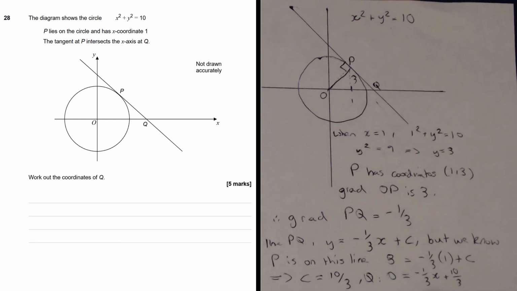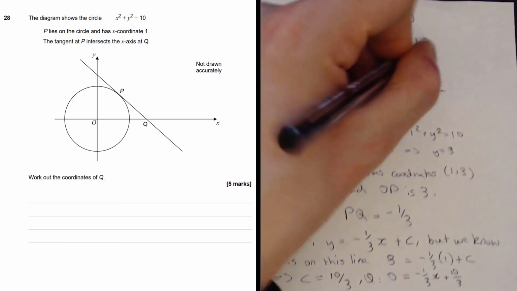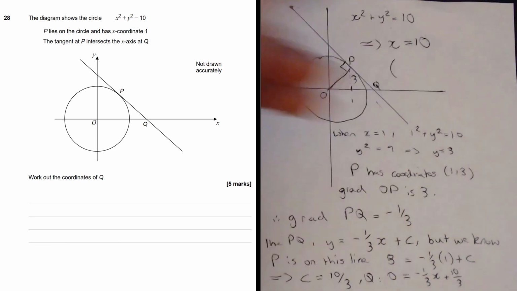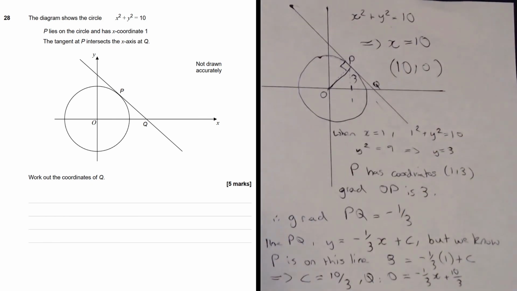And if we rearrange that, we are going to get that x equals 10. But now we need the coordinates. Well, we know that the y coordinate is 0, so the coordinates of Q are going to be 10, 0.